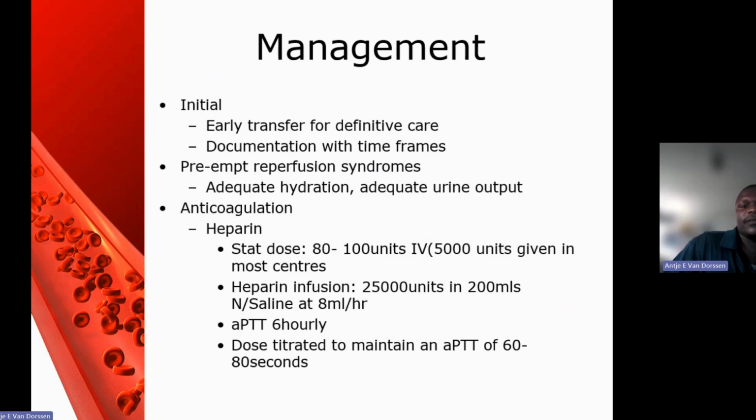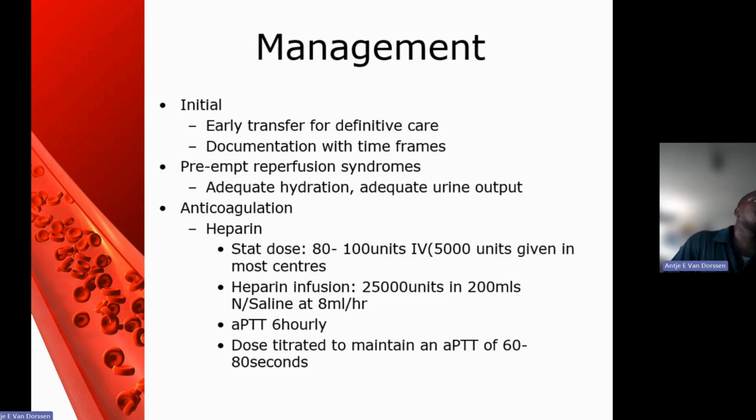There's a study from UCT by Dr. Naidu, actually added on the reference. And Groote Schuur, basically what they do is that they will start with the stat dose of 80 to 100 units IV, but they say that most units use 5,000 units stat.